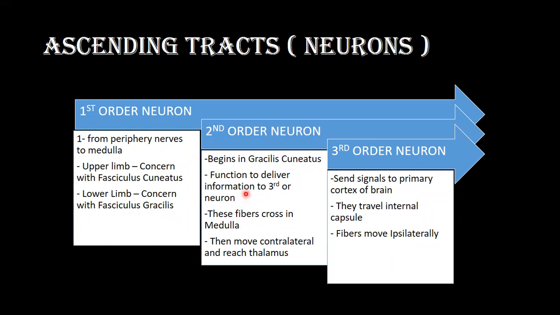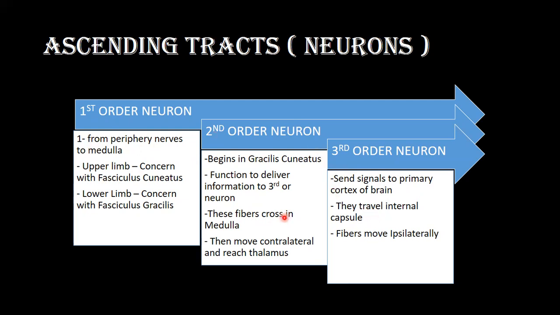When we talk about the second order neuron, where it is terminated, the first order neuron gets terminated at the gracilis and cuneatus nuclei. The fibers then receive the information from here and deliver it to the third. So basically the second order neuron works as the intermediate connection between the first and the third order neuron.